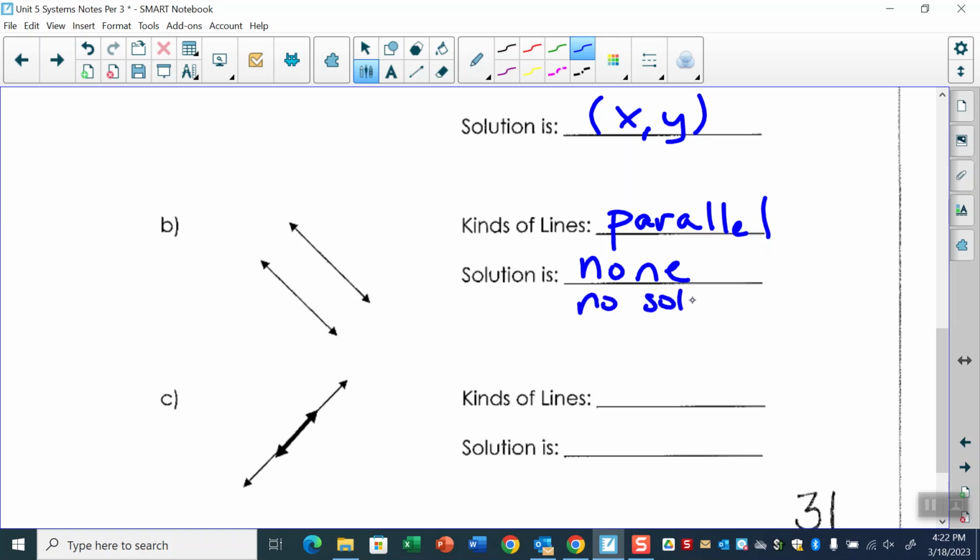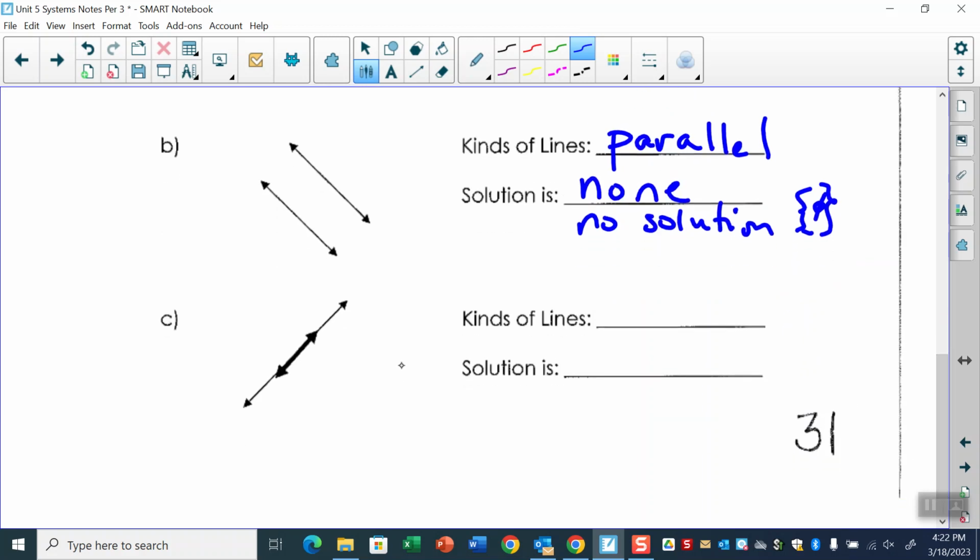No solution. Sometimes you'll see it as an empty set. And maybe even like with a 0 with a line through it, that means empty set. These kind of lines are coinciding. All right, one right on top of the other. Solution is infinitely many solutions.